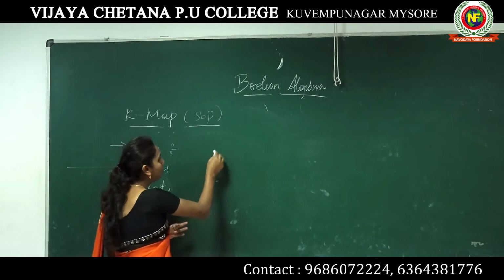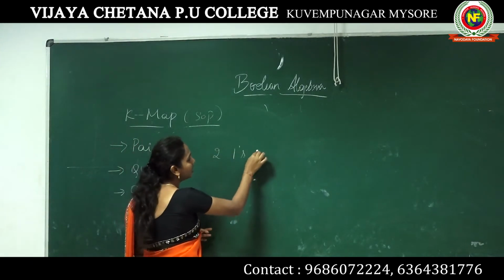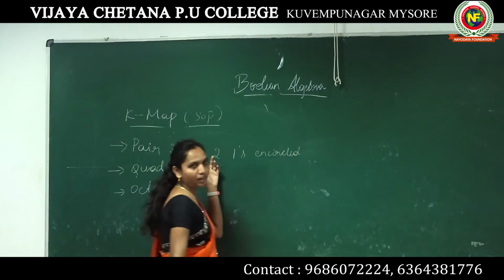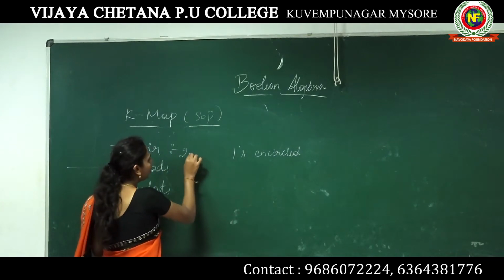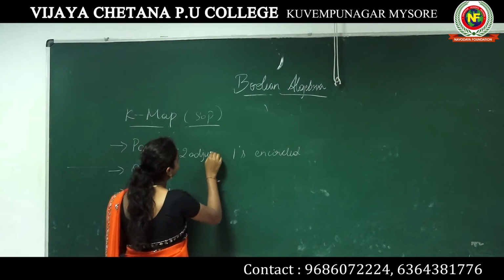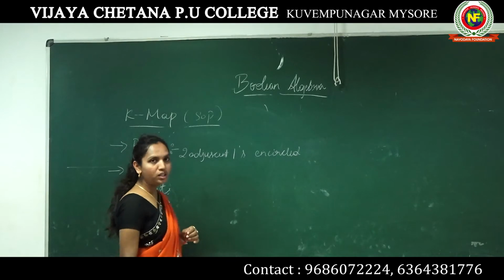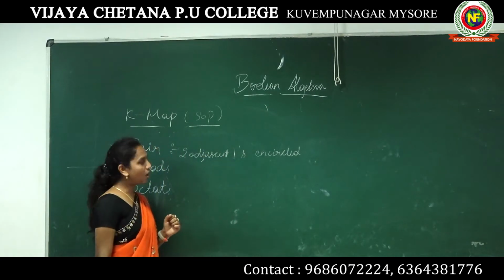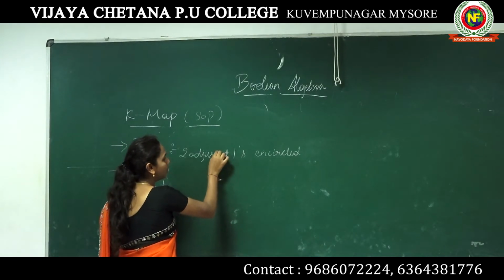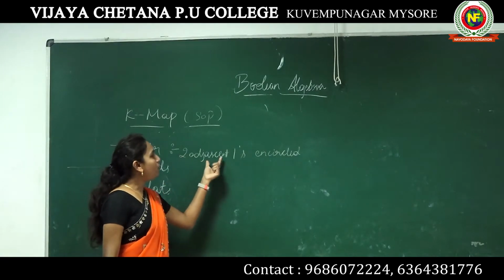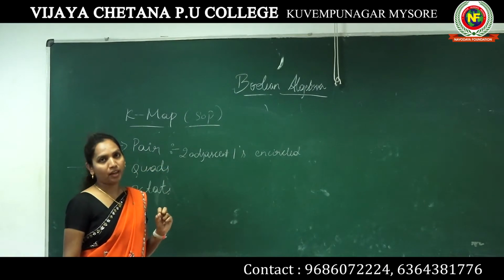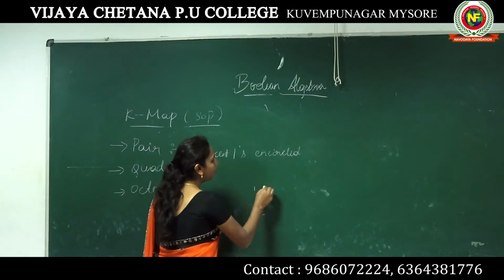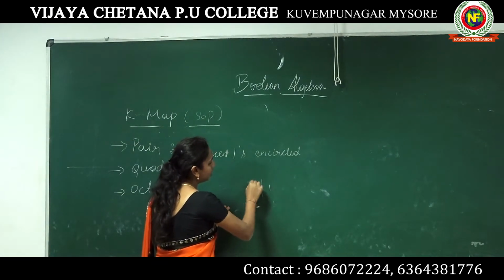The adjacent ones encircled, that's called a pair. 2 adjacent ones encircled is called a pair. What does it mean? 2 adjacent ones means the ones are placed together.